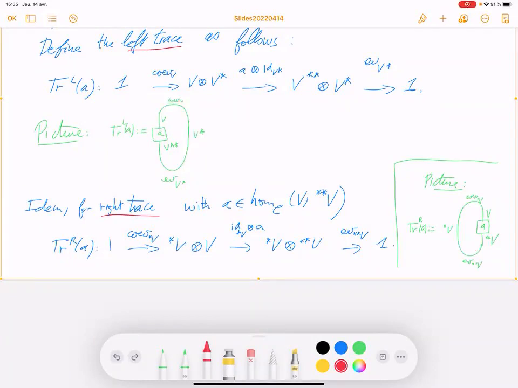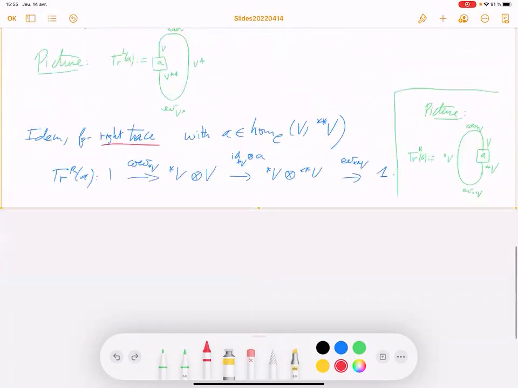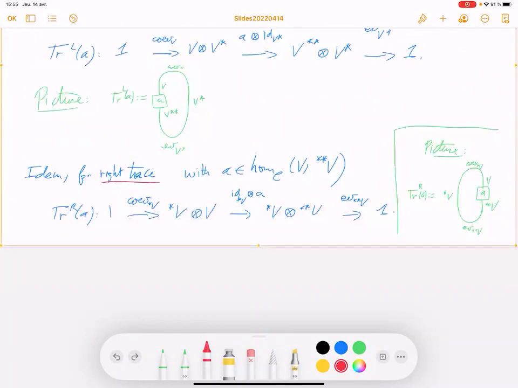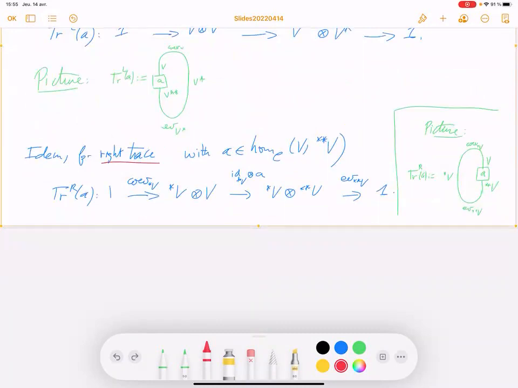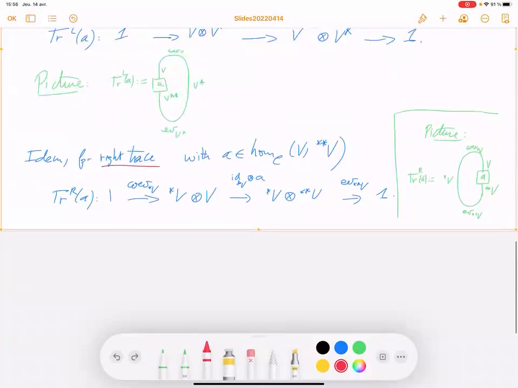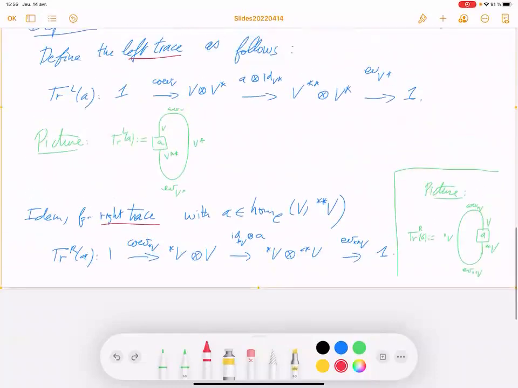If I made a mistake, you just need to switch the one and the other. In fact, this is completely symmetric. Everything you can do for the left, you can do for the right. The pictorial is like that. Yeah, anyway.